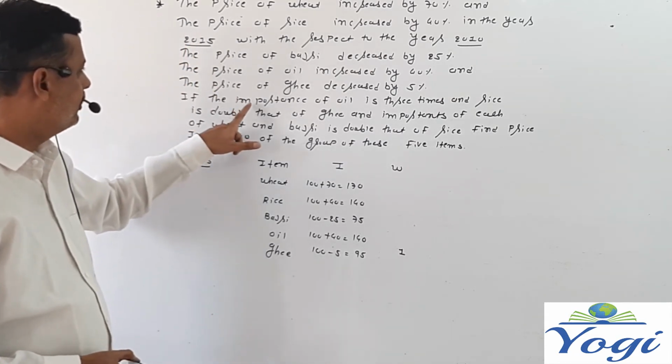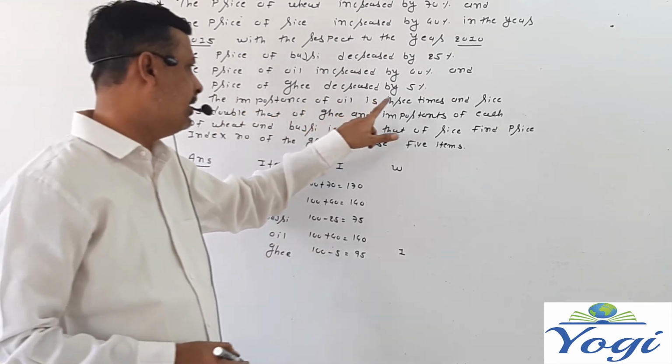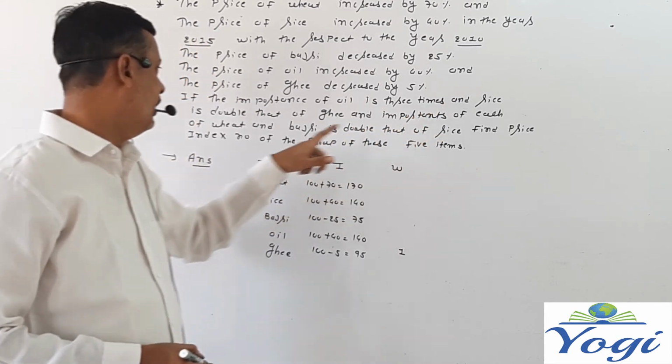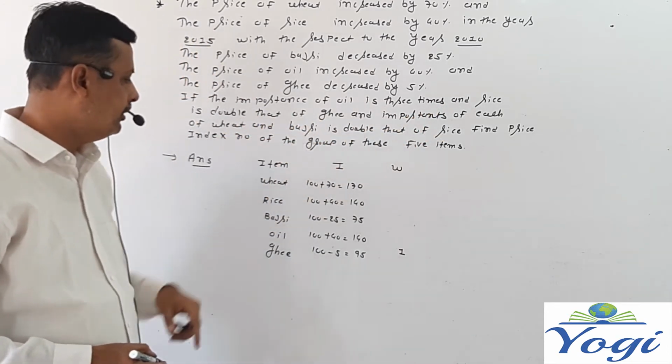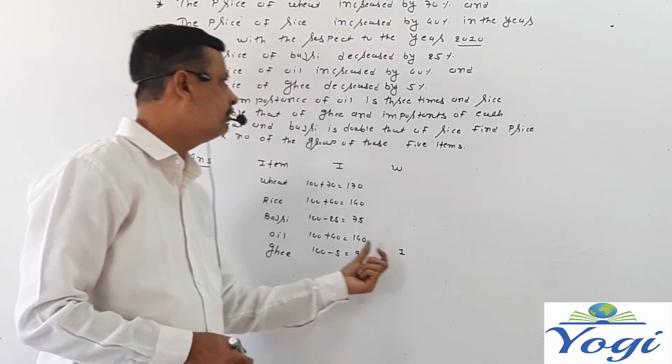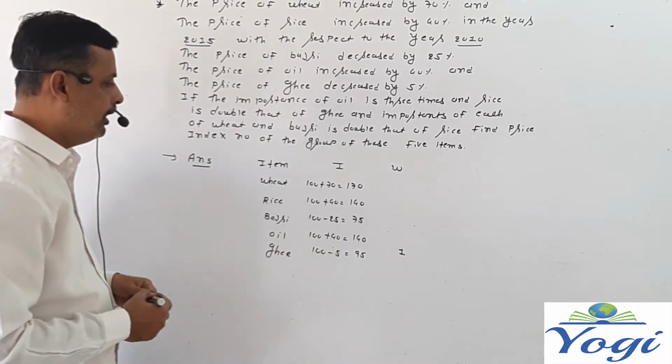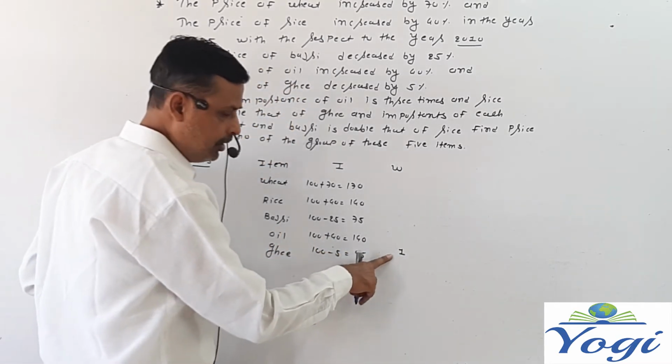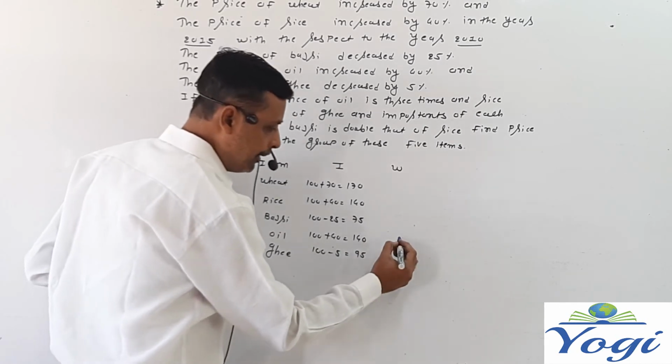Again I repeat, the importance of oil is 3 times and rice is double that of ghee. The importance of oil is 3 times, so 3 times means 1 multiplied by 3.